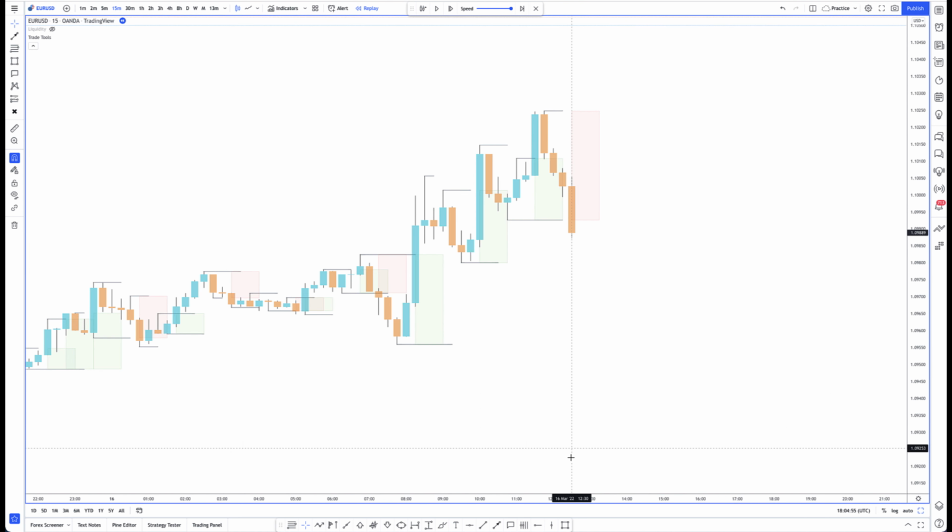So before we start diving into the new method, I want to do a quick recap of the old lower time frame entry method.